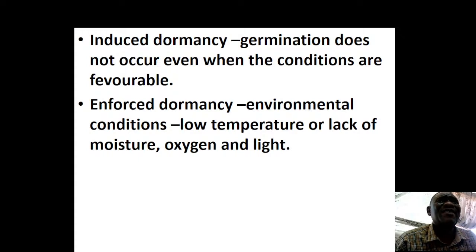Induced dormancy is when germination does not occur even when the conditions are favorable. Enforced dormancy is caused by environmental conditions, such as low temperature or lack of moisture, oxygen and light, which stop germination.